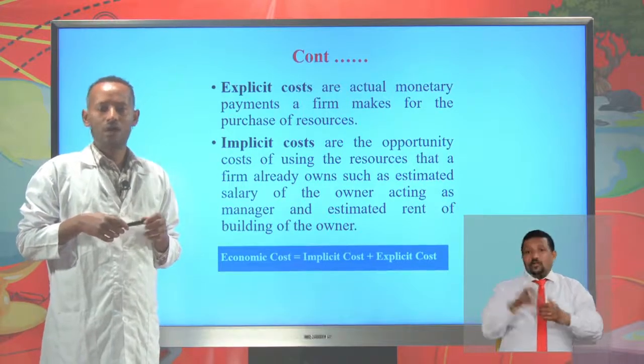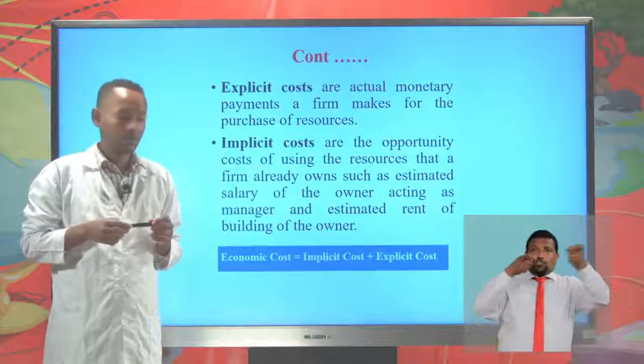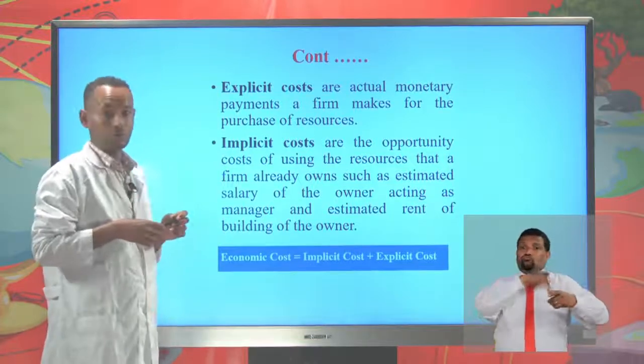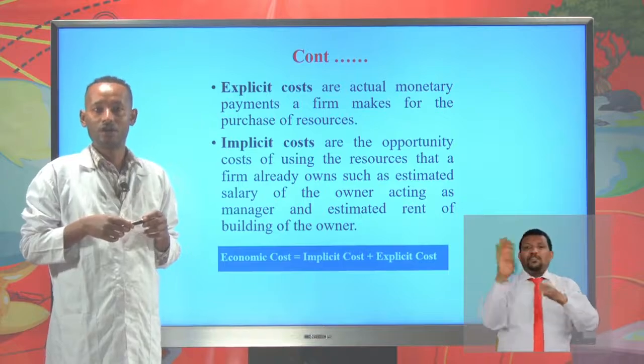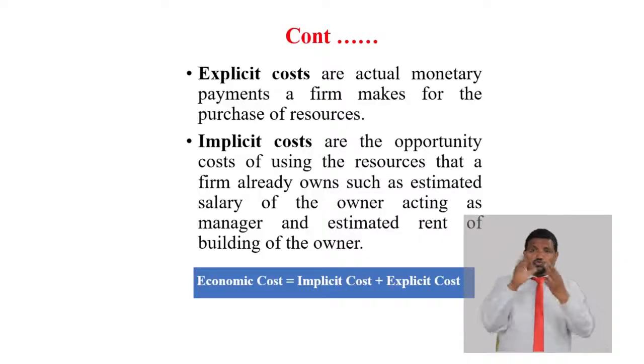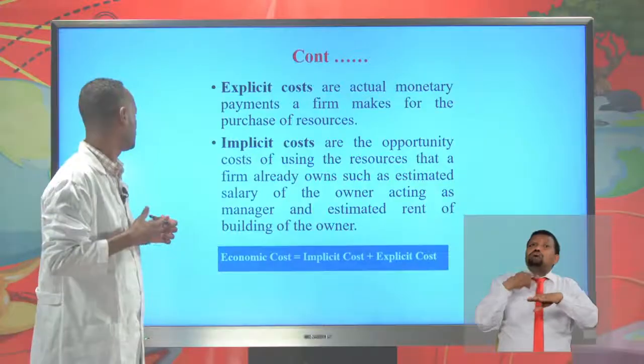The salary of the owner acting as a manager is also considered an implicit cost. Many business owners in Ethiopia engage in production by using their own skill, so the estimated salary of the owner acting as a manager is considered an implicit cost.